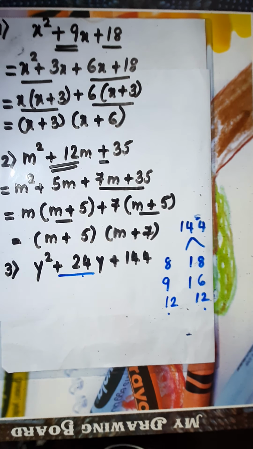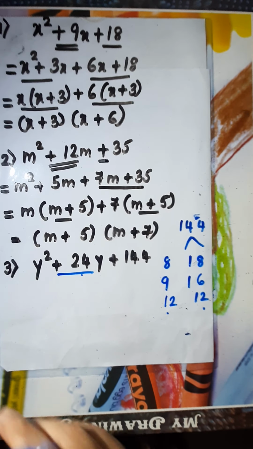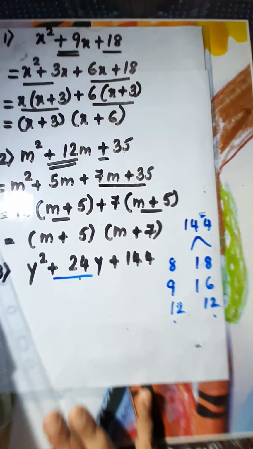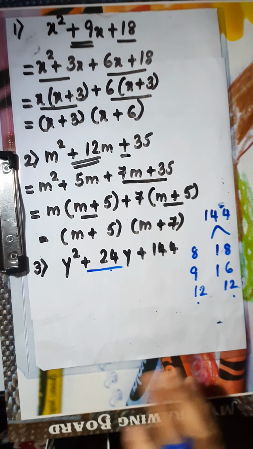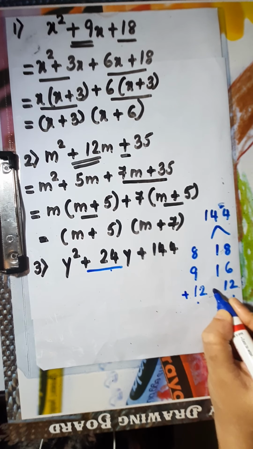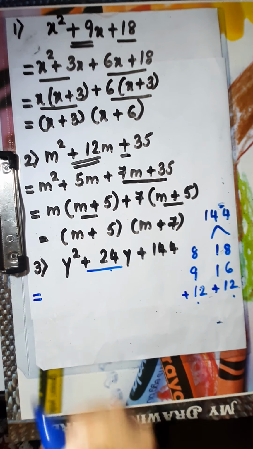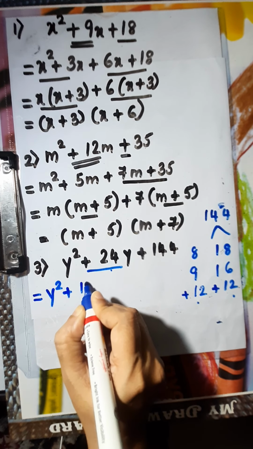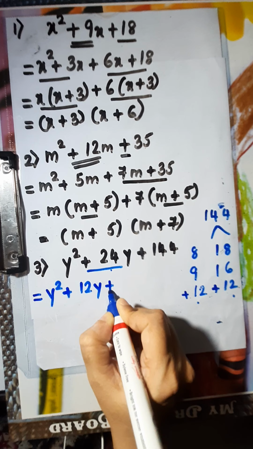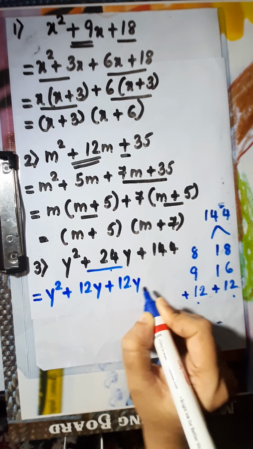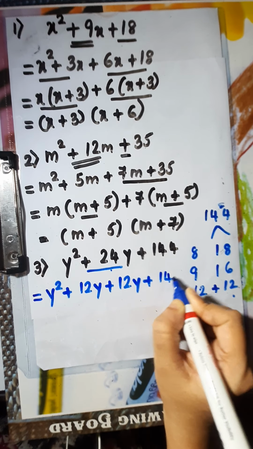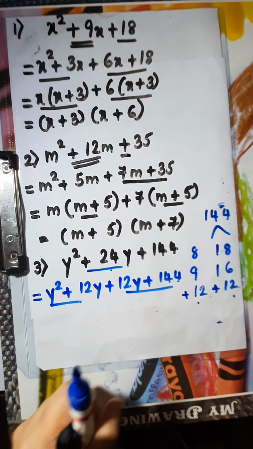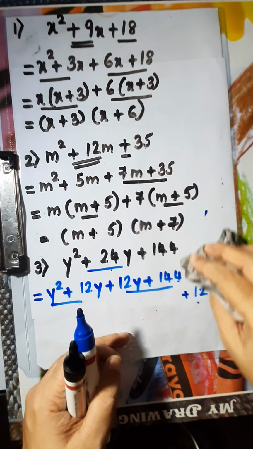Is that clear? So, again, look at this and we'll conclude. Plus and plus, my factors are plus plus. Okay? So this is plus and plus. Y square plus 12y plus 12y plus 144. What can I remove common? I'll rub this out. Okay, I don't need this. This is factors. I just don't want to confuse you.